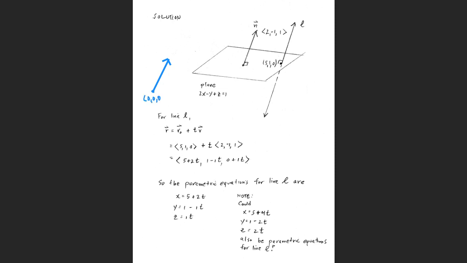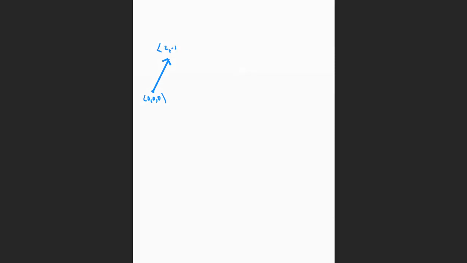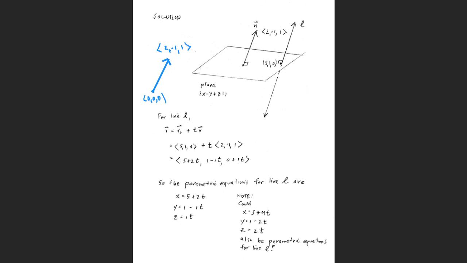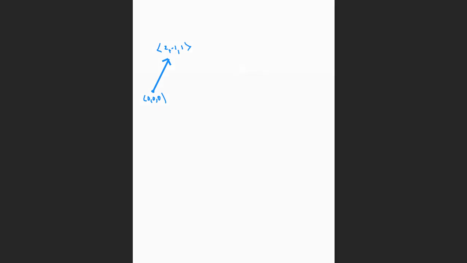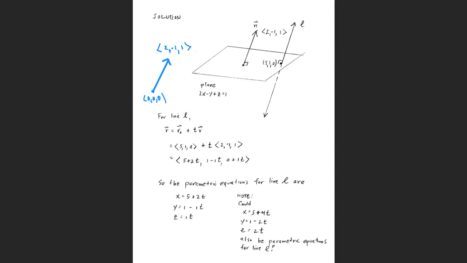It's just a sketch. And this vector had components (2, -1, 1). That vector is orthogonal to the plane, which is why I have this right angle here, and there's the vector. Vectors are determined by direction and magnitude. This vector and this vector have the same direction and the same length. So I can just take this vector drawn from the origin and put it right on my picture of my plane, and it is perpendicular to that plane.